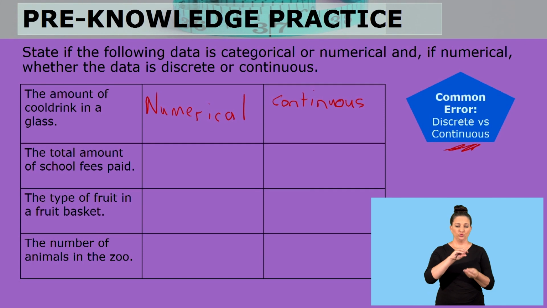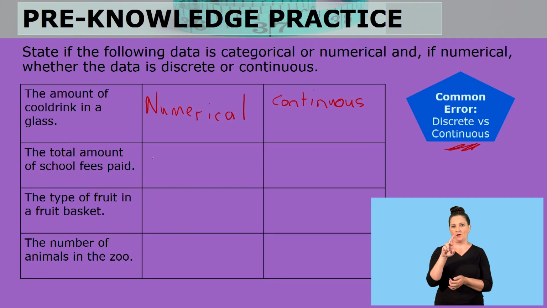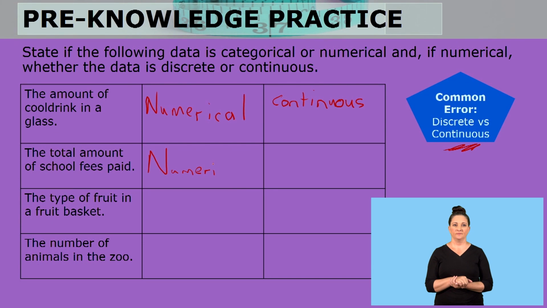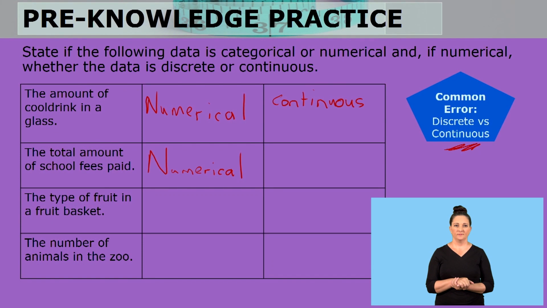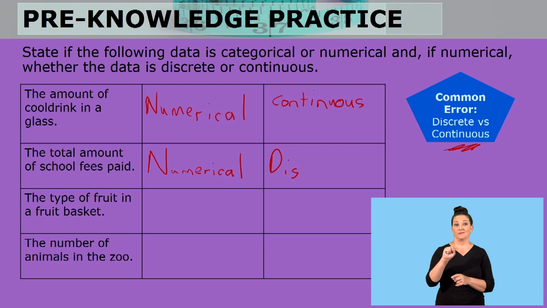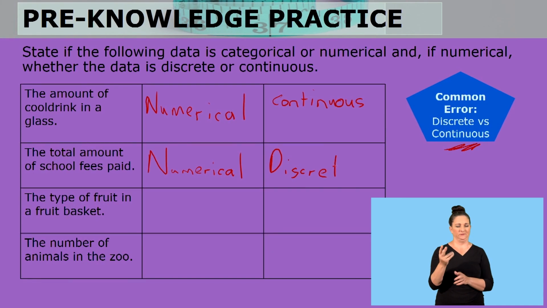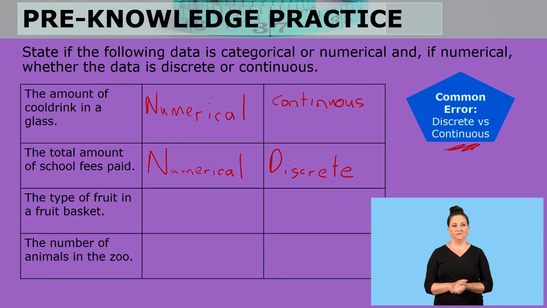The next one, the total amount of school fees paid. Again, this deals with money, and money is always numerical. And money is discrete, always. Next, the type of fruit in the fruit basket.